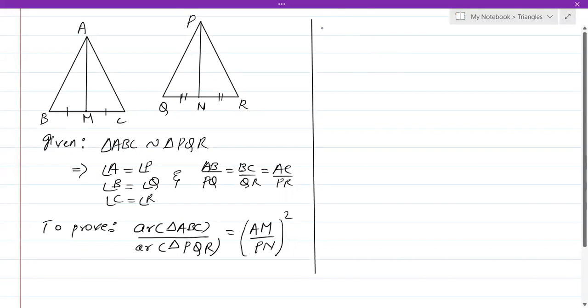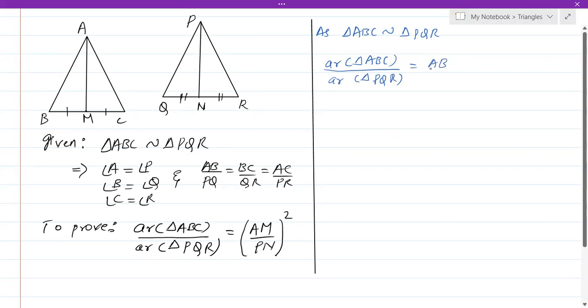Now we know that, as triangle ABC is similar to triangle PQR, we can write this, isn't it? If two triangles are similar, then the ratio of the areas is equal to the squares of the corresponding sides.